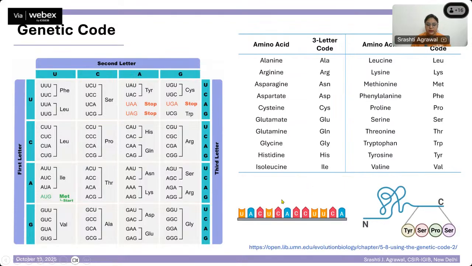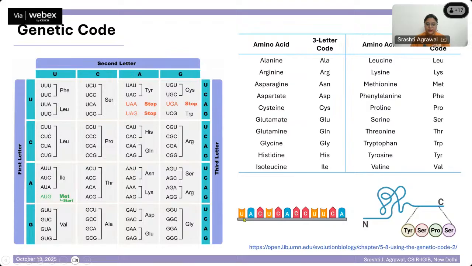So for example, here you can see this RNA. And if we read it from here, UAC, which forms tyrosine, UCA, which forms serine, then CCU, which forms proline, and UCA, which again forms serine. So like this, if it's read three bases at a time, it forms the sequence of amino acids, which is called a peptide.